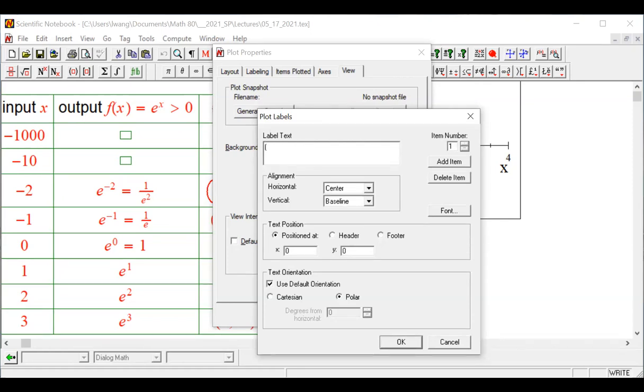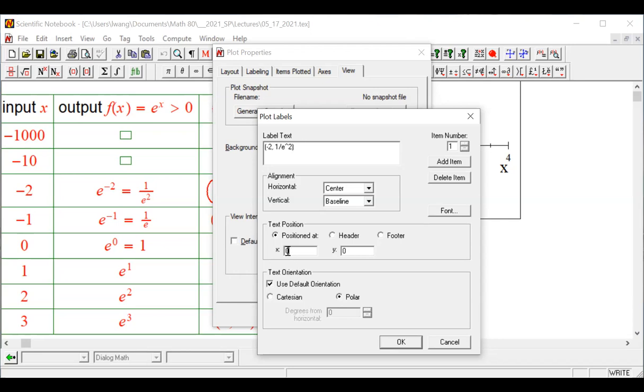Okay, so this is E, this is -2, and the E, 1 over E squared. 1 over E squared. Okay.